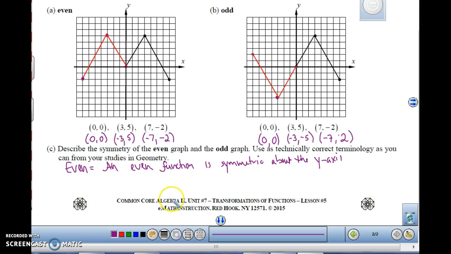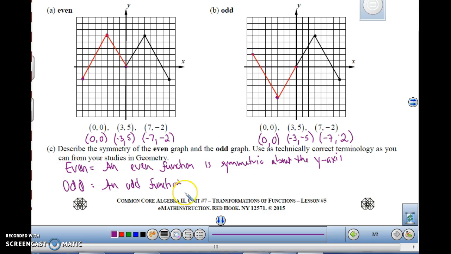Okay, now an odd function. How is that symmetric? It is basically a rotation.